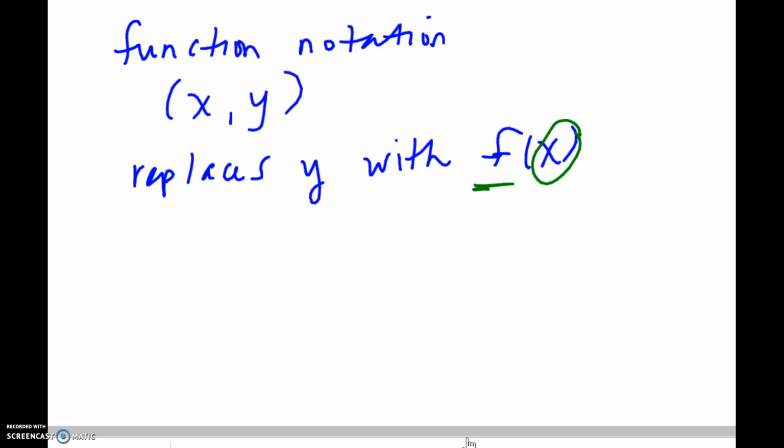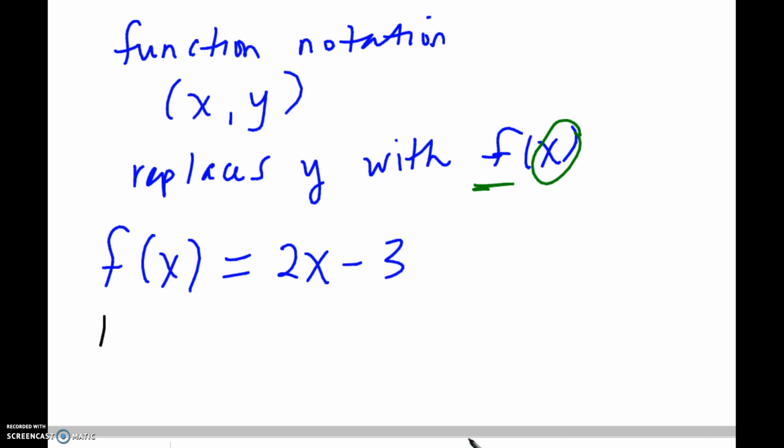For example, we could have f of x equals 2x minus 3. This is function notation. It's the function f. The independent variable is x. That's the input. We also, again, call it the independent variable.